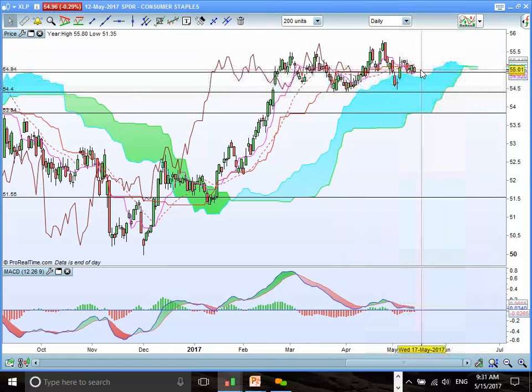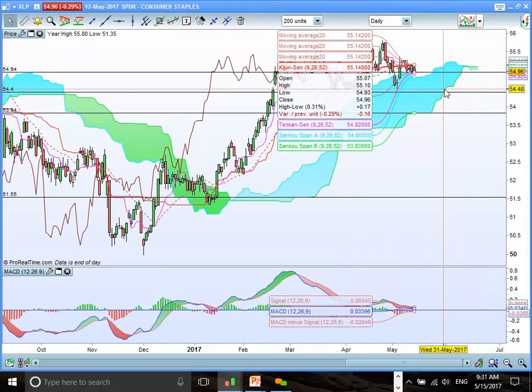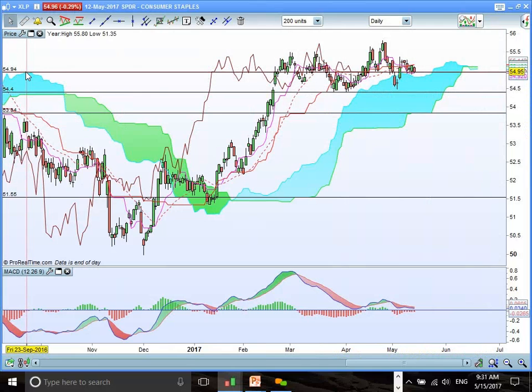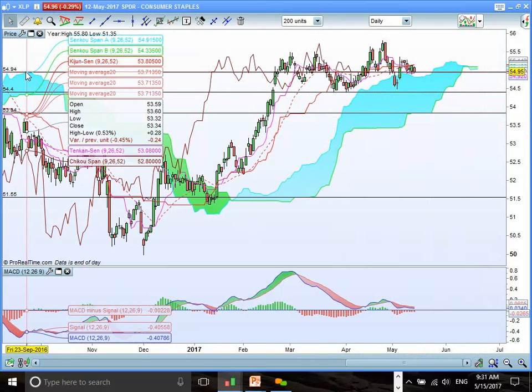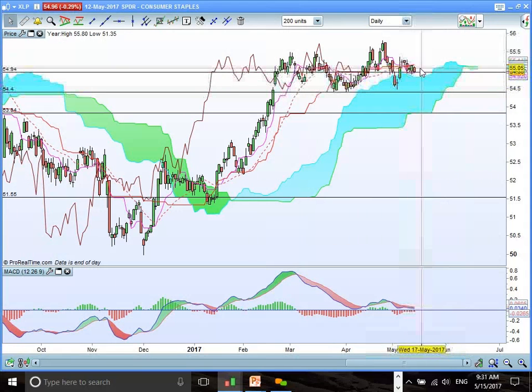So we could see it dipping back into the cloud to test and see how strong the support is. Okay. Note this 54.94 is a significant support zone because it used to be a significant resistance zone from a cloud chart perspective. So looking for a potential swing trade when support comes in at these cloud chart levels.